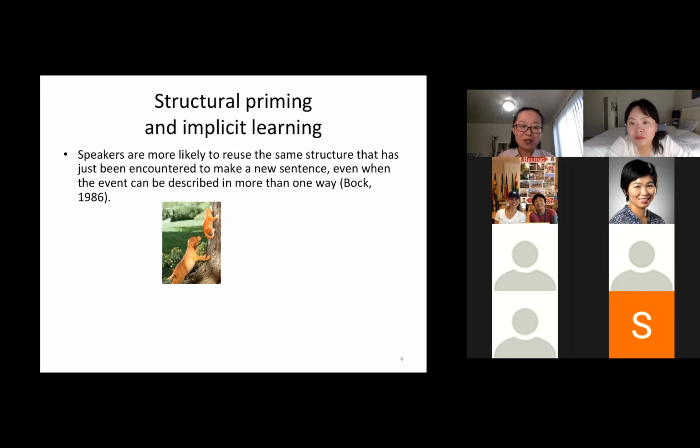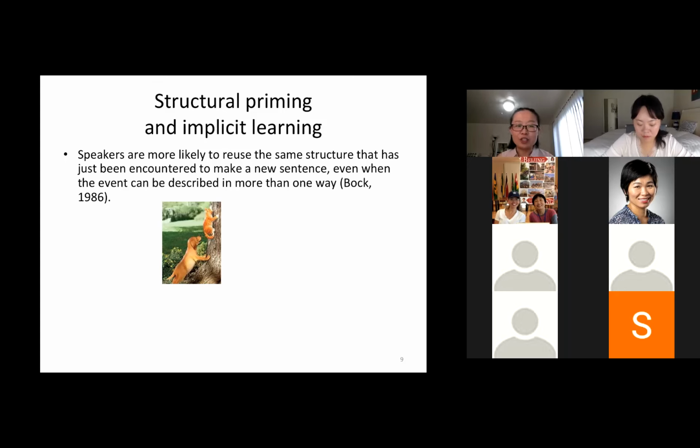For example, when you look at this picture, you describe what is happening here. If the speakers have just listened to a passive sentence, it's very likely they might say the cat is chased by a dog rather than the dog chases the cat.